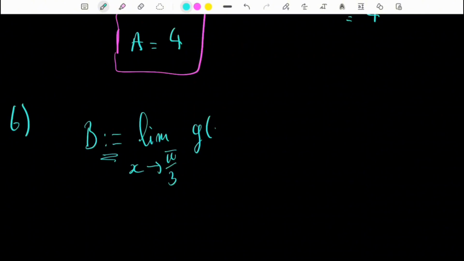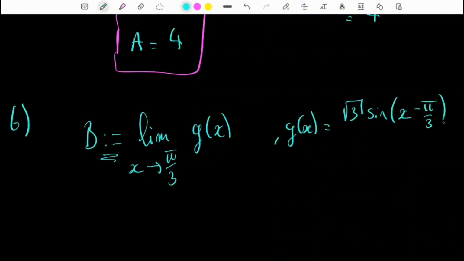j of x, with j of x equal to square root of 3 times sinus of x minus pi over 3, over pi over 3 minus x. So here, just look at the value we want to tend to, pi over 3. Have we got a problem with j of x?